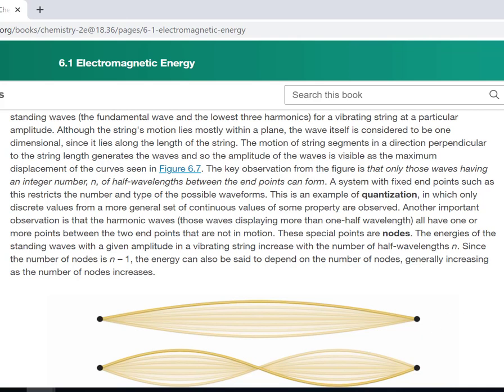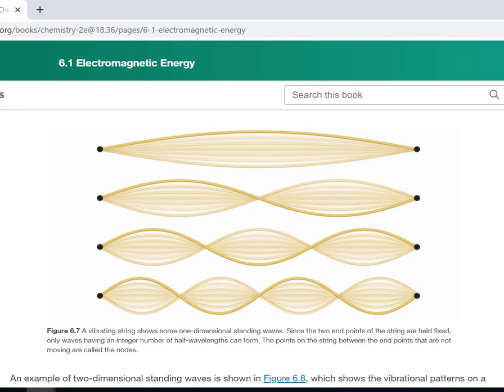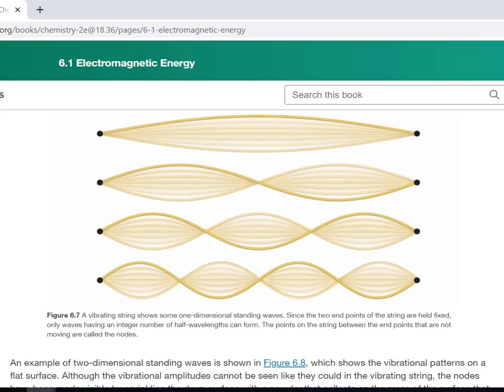So we can see that here. We have this wave with fixed points here and here, and then here we have an additional node, and an additional one, and an additional one. Okay, so we can see the concept of having a standing wave that has nodes, and those points where there is no movement, as we'll see, can also be important in our understanding of waves when we look at electrons.